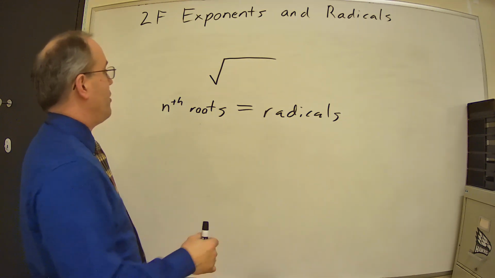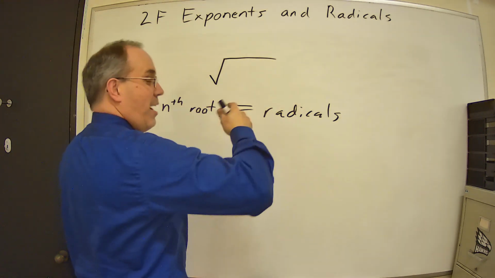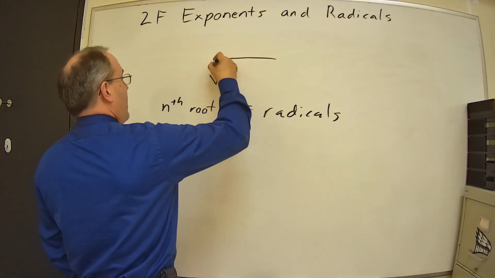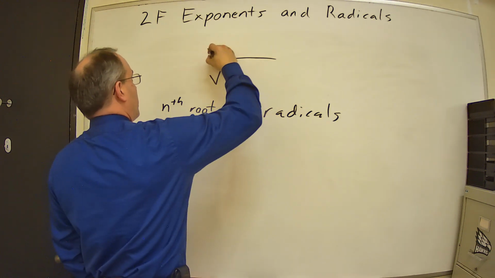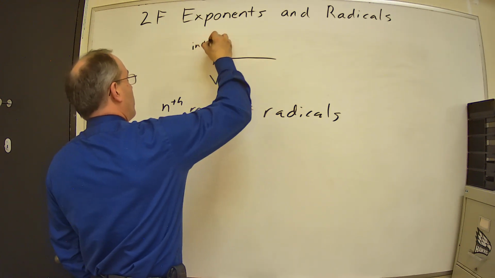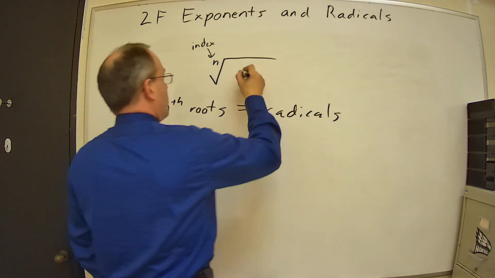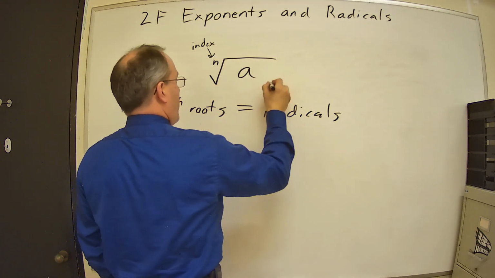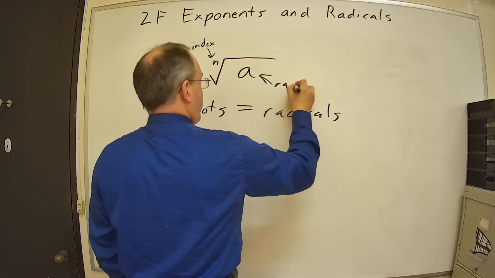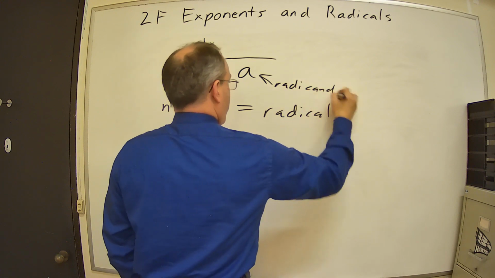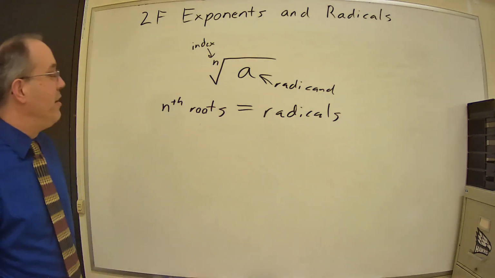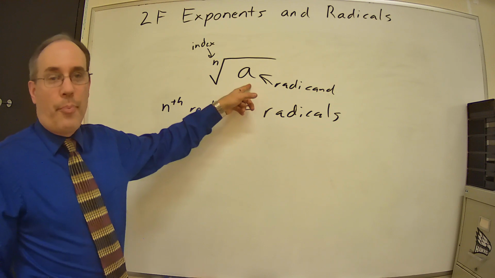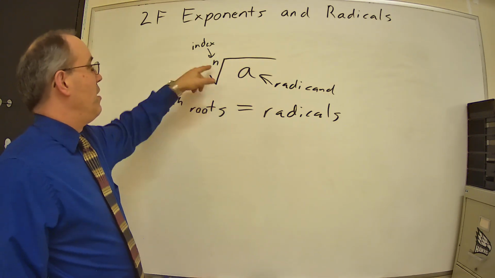And that symbol, in reality, has an index and a radicand. So the radicand is what's being operated on by this radical.